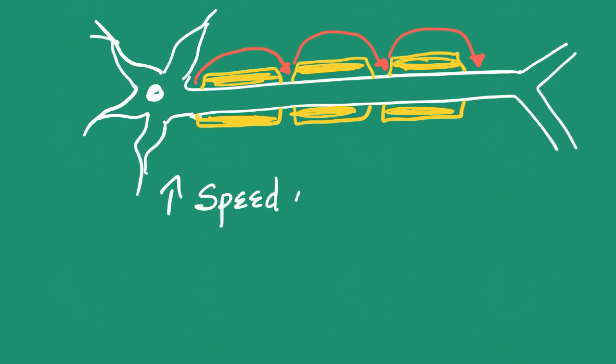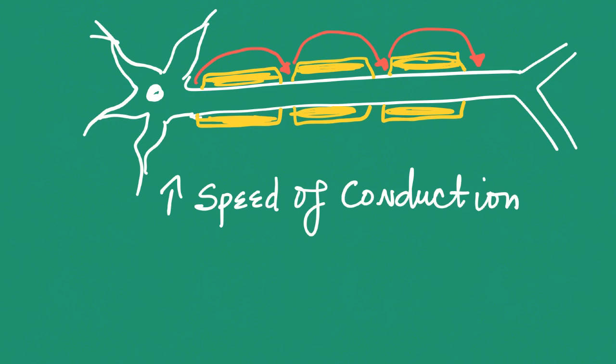The action potential actually jumps from one node to the next, and this increases the speed of conduction, so information can move very quickly down the neuron.